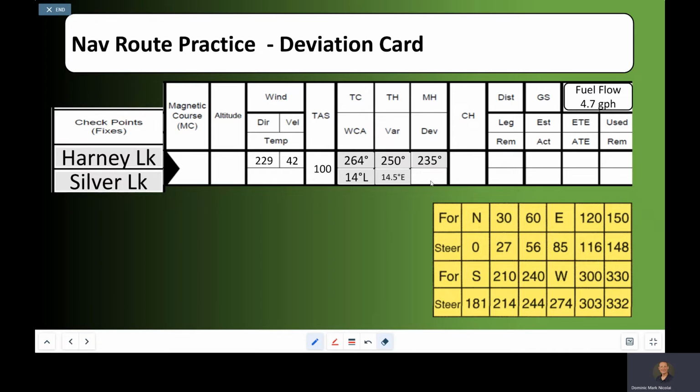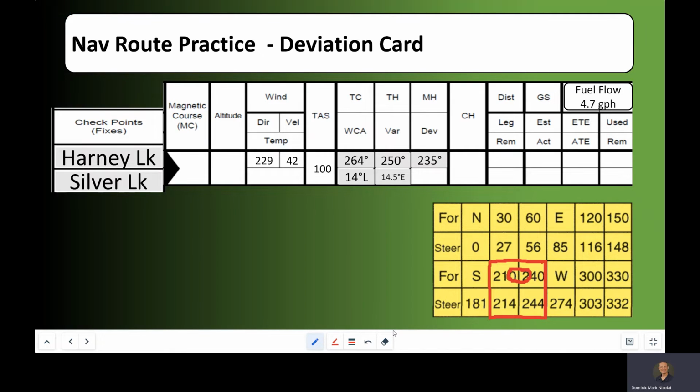Keep in mind, we have 235, and so we would be looking in these boxes right here. It happens that the deviation amount is the same for those, so we don't have to do any interpolation here. So if we want 235, which lies in between these two, then we can see our deviation.